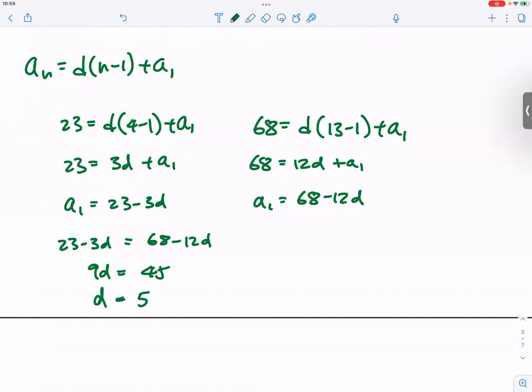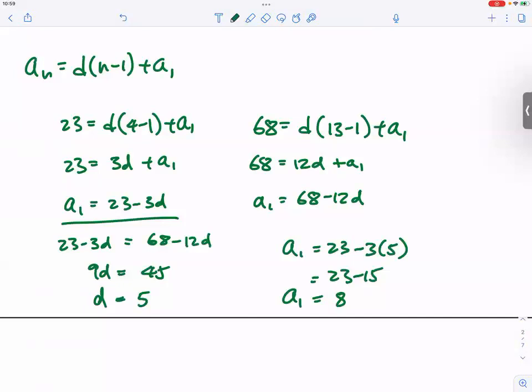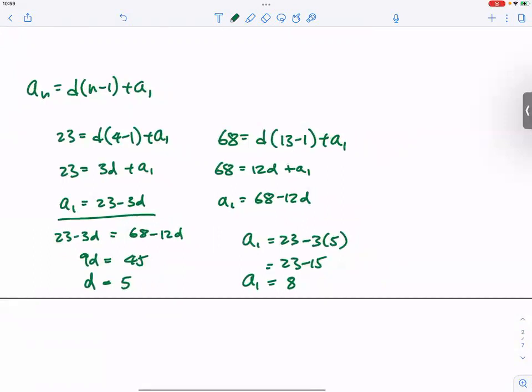And then I'm going to use this equation here, smaller number, a little easier to handle. Put the 5 into the D. Then we say 23 minus 15 is equal to A1, so A1 is equal to 8. We still got the same 2 numbers, but this is a more systematic, more organized way to show our work. More convincing.